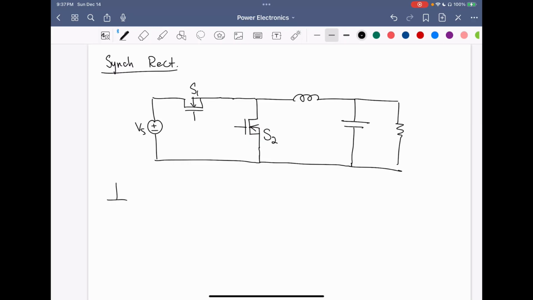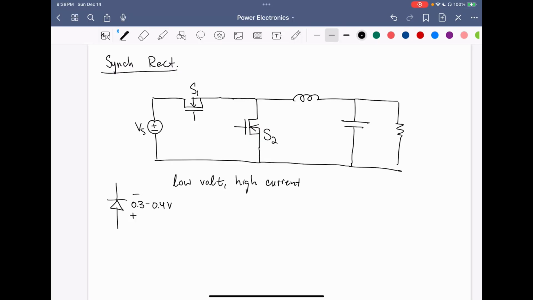So typically for these applications, we will use a Schottky diode, especially for low voltage, high current applications. For example, power supplies for CPUs. In this case, the low side switch for a Schottky diode would have a voltage drop when it's on of 0.3 to 0.4 volts.